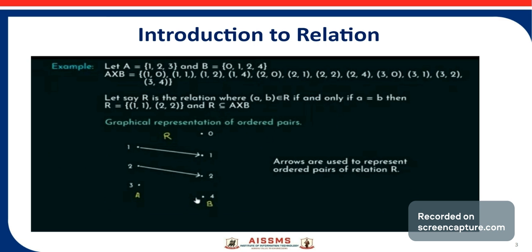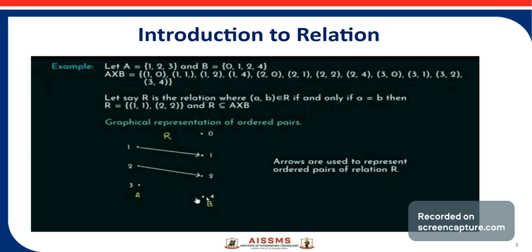Now we will see the graphical representation of ordered pairs. First I have noted here the elements of the set A and here are the elements from the set B. That means elements of the set A are 1, 2, 3 and elements from the set B are 0, 1, 2, 4.